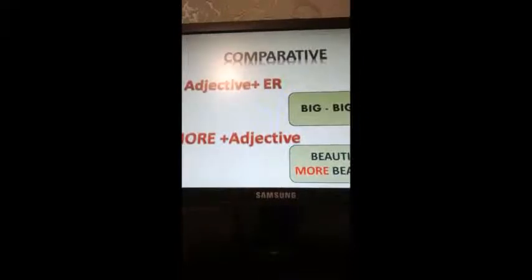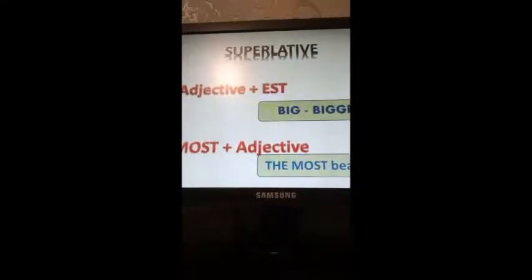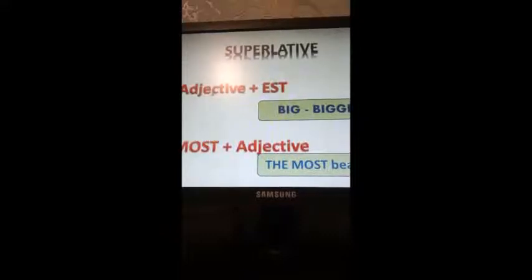Okay, so what about superlative degrees? For the superlative degree, we add the suffix est to an adjective which has one syllable. Big, biggest.